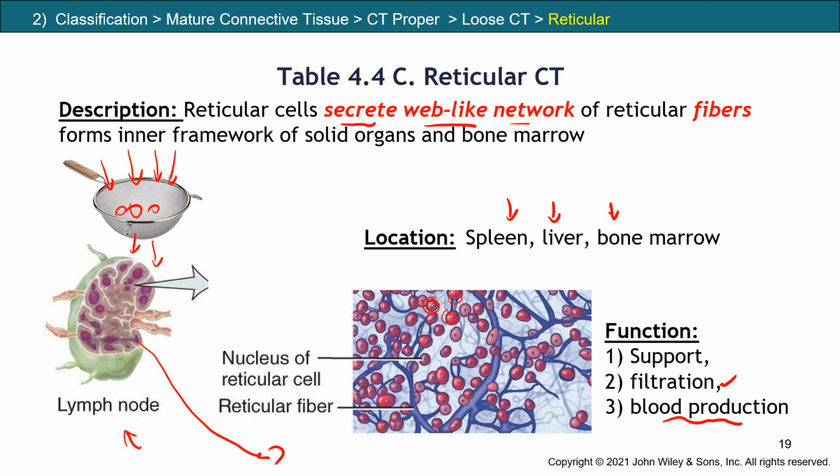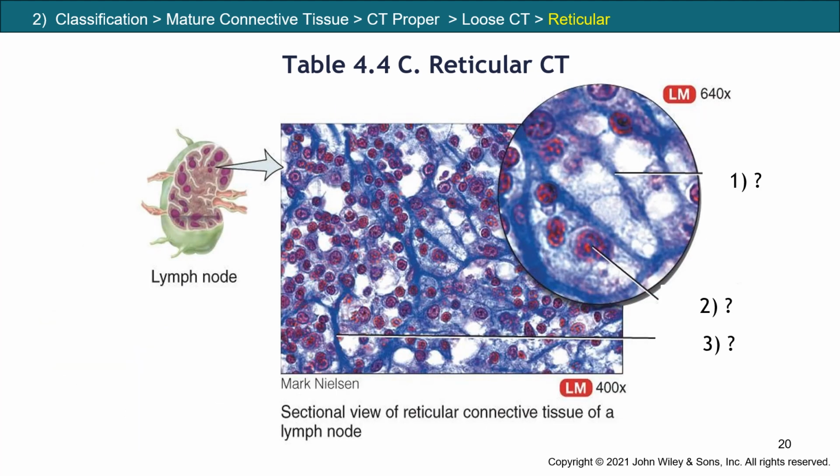Now let's go and see the picture that your textbook offers you. This picture is very clear about what is happening there. In red, you're going to find the nuclei of the reticular cells, while in blue you will see all these fibers that are there. Remember, this is a reticular fiber magnified 640 times, all those blue things.